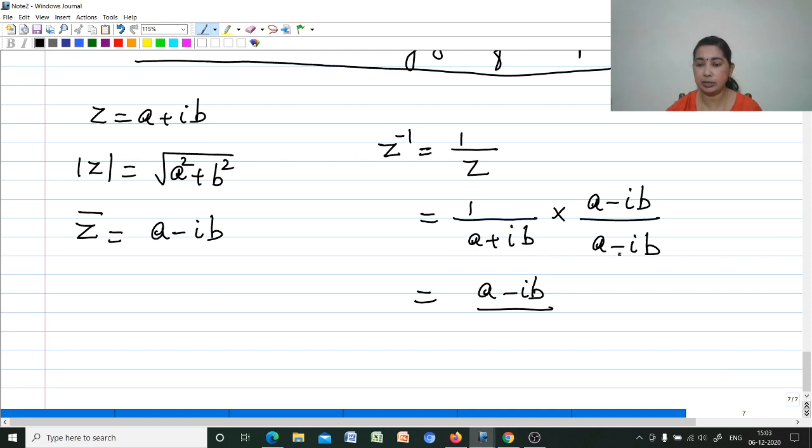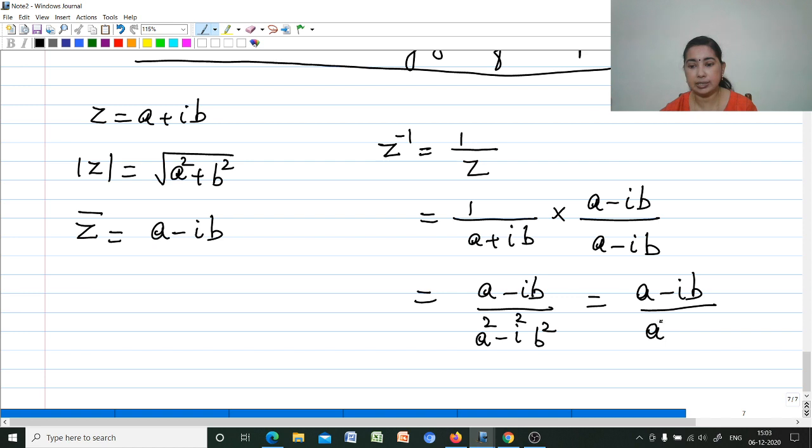So a plus ib into a minus ib is a square minus i square b square. That is equal to a minus ib divided by a square minus minus 1, that is plus, a square plus b square. And mod z is root of a square plus b square, so what will be mod z square?